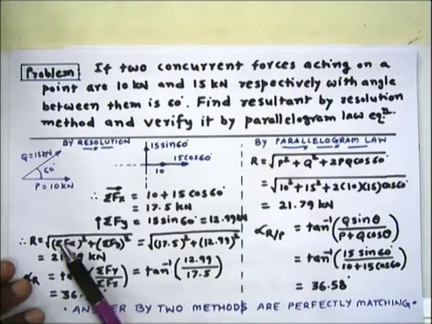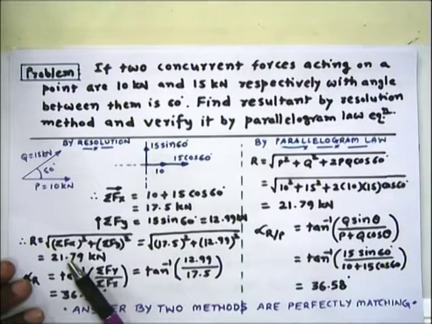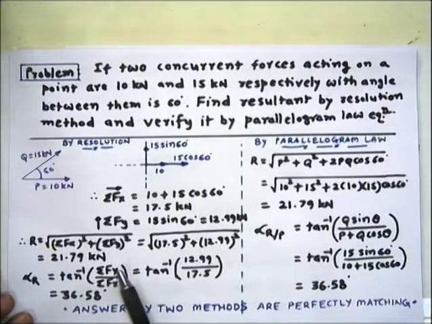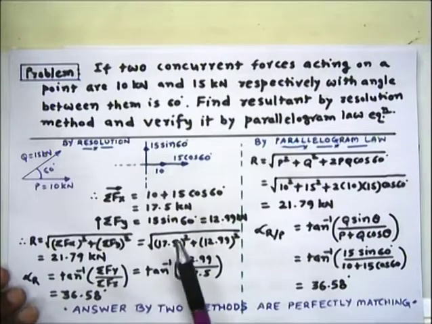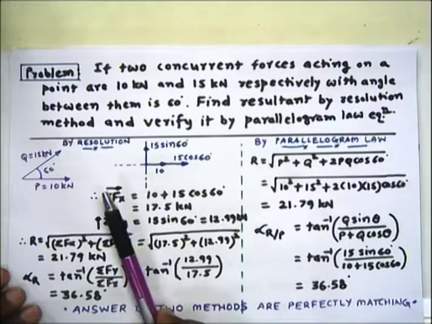Then R is given by root of sigma X square plus sigma Y square. Finally we will get the value 21.79 kilonewton. Then alpha R is tan inverse sigma Y by sigma X, and that angle is coming 36.58 degree. So this is how we can calculate the resultant of two concurrent forces by means of resolution.